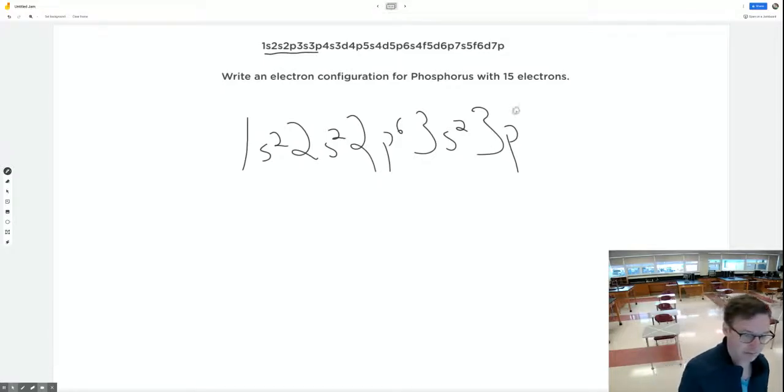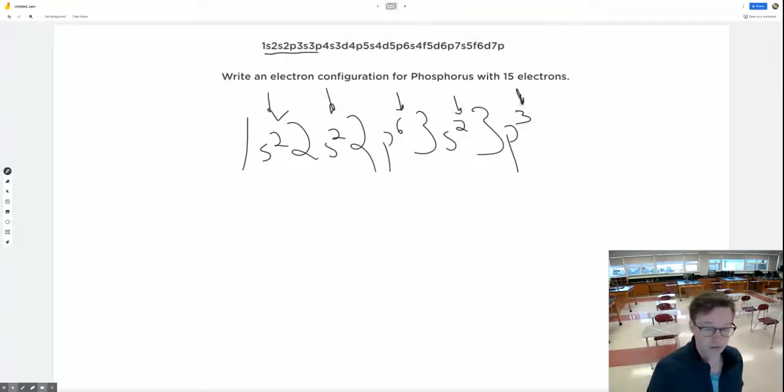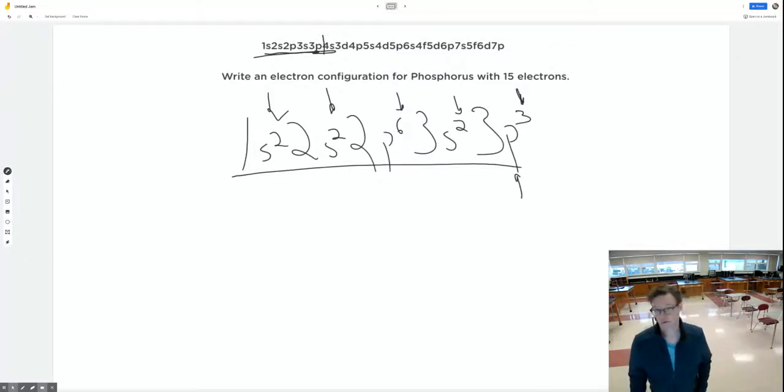I need 15, so I only need 3 more electrons here. Add up the numbers on the top. They add up to 15. Okay, that's number 1. Number 2, I went in the correct order according to this list. And number 3, the only orbital that's not full is the last one. And that's only because I needed 3 more, even though it could hold 6.